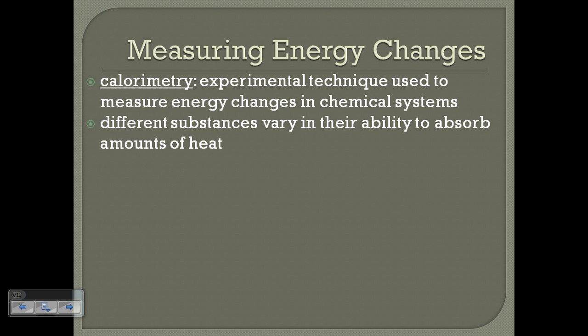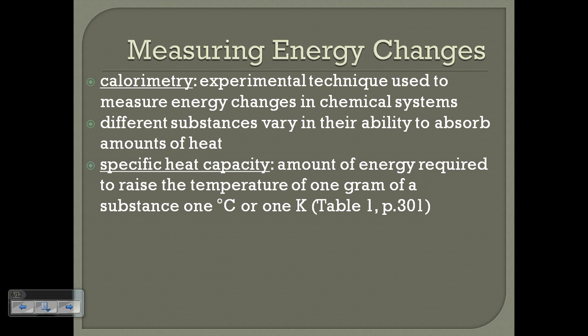So every substance has what's called a specific heat capacity, and that's the amount of energy that's required to raise the temperature of 1 gram of a substance by 1 degree Celsius or 1 degree Kelvin. Page 301 of your textbook has a table showing specific heat capacities for different compounds.